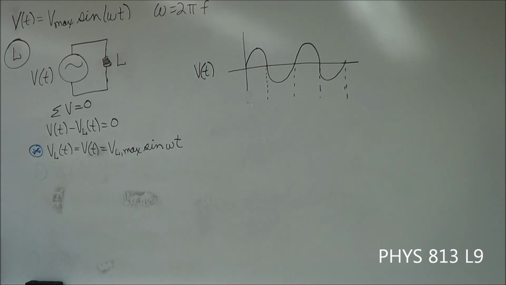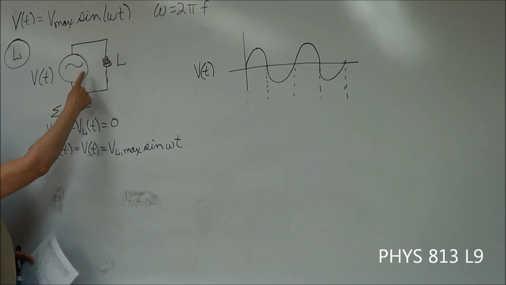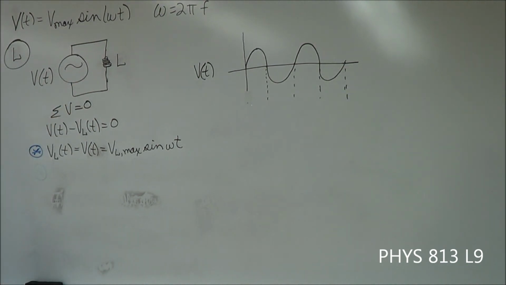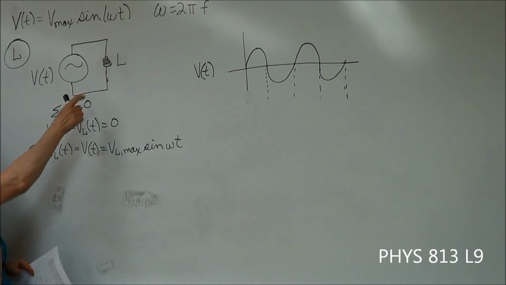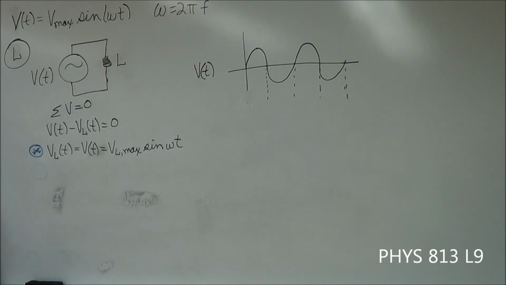Well, a coil, and I think I described this a little bit at the end of lesson 7. When you have current going in a circle, it produces a magnetic field through the center of the circle, and then there is a voltage as a result of that. The idea is that the coil tries to keep the current from building from 0 up to some value, and that is related to Lenz's law.